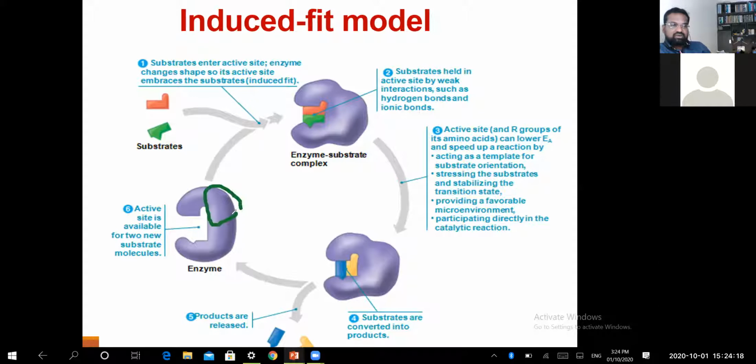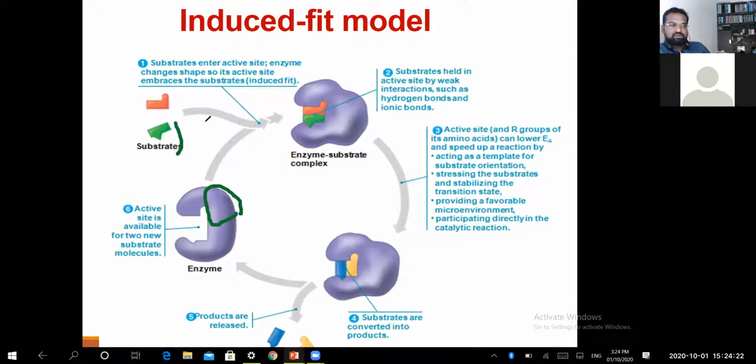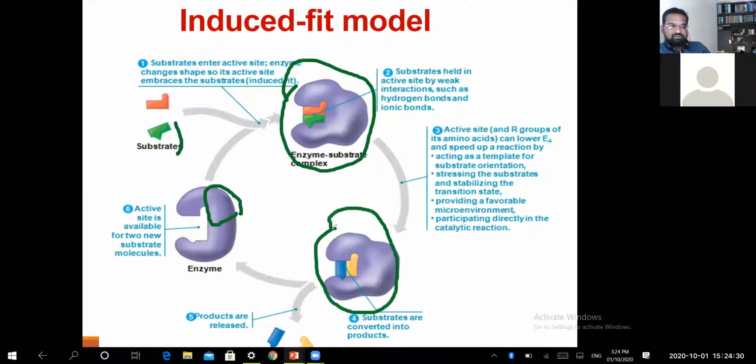This enzyme molecule takes part in the reaction. It couples with this substrate molecule and forms this particular ES complex. There will be formation of product molecule. The product molecules are released here, and again the same enzyme is free to react with the other substrate molecule.